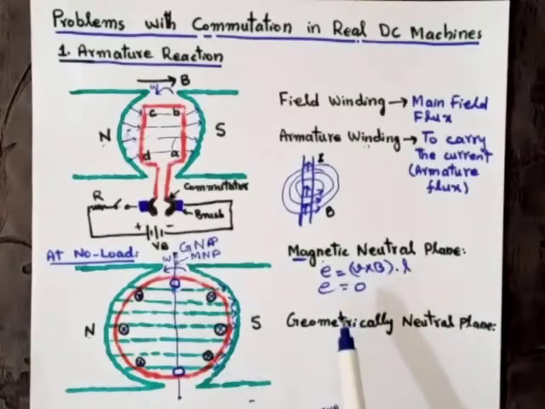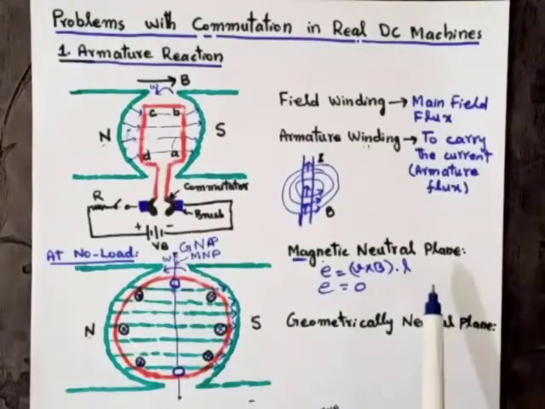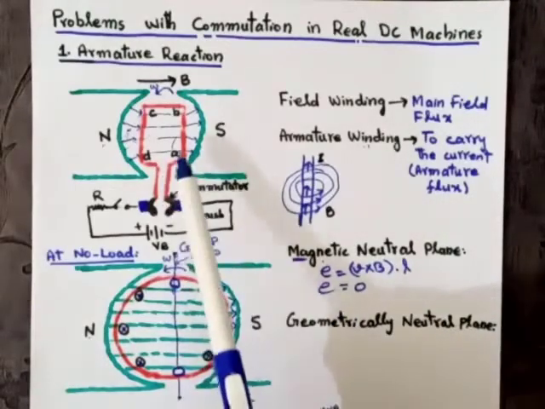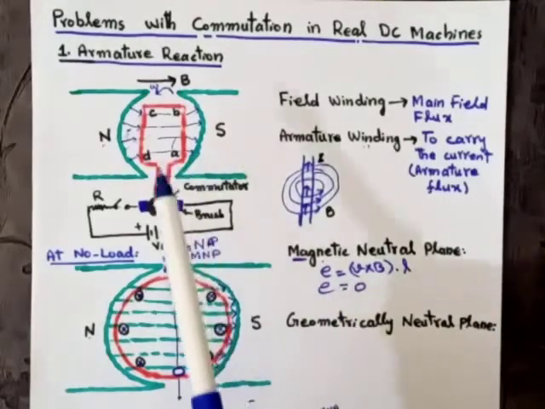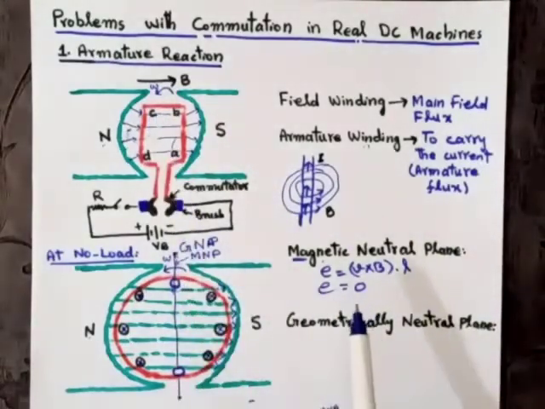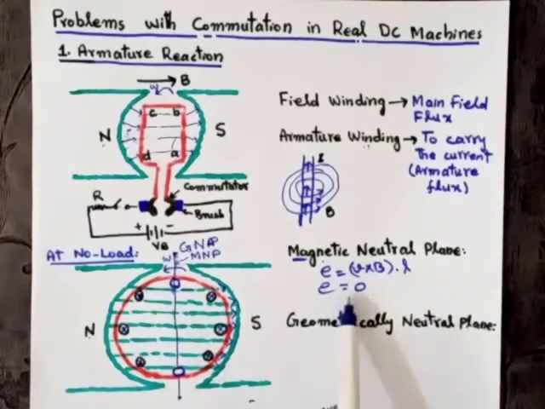That means the magnetic neutral plane is that plane where no voltage will be produced across the armature conductors as they move parallel to the magnetic field. If no voltage is produced, then the plane is called the magnetic neutral plane.